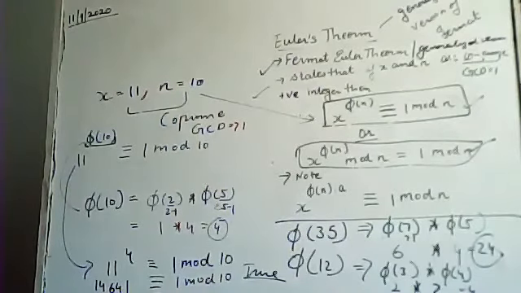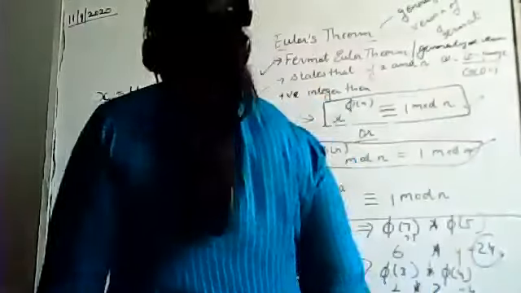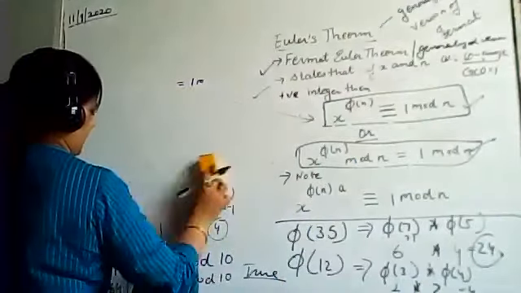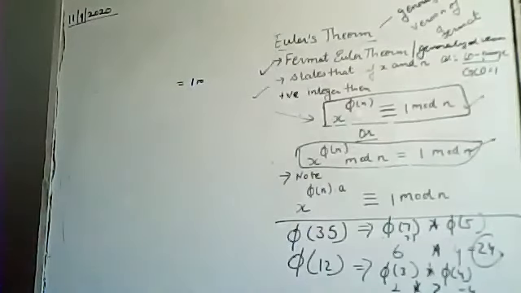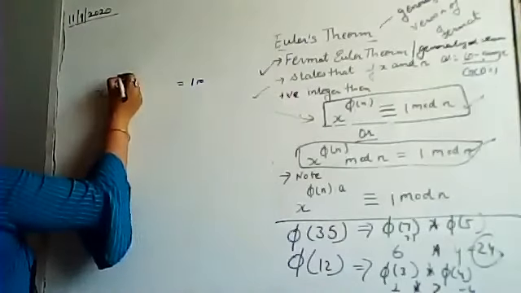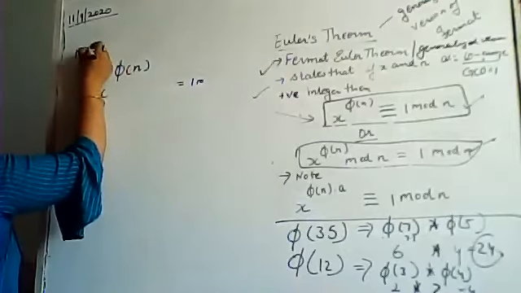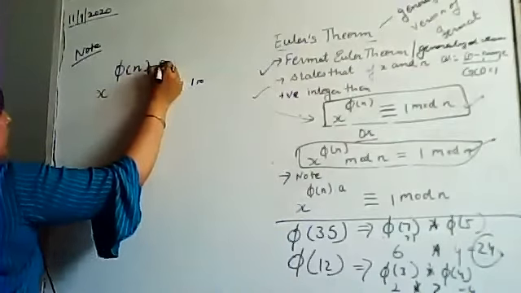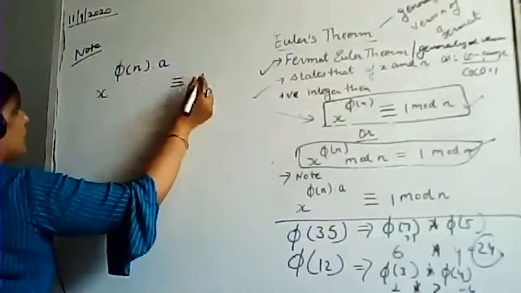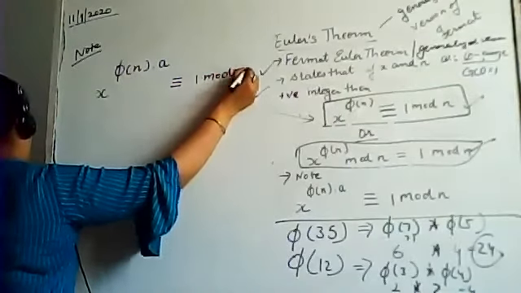Clear? Now there is another point that you need to note in this theorem. Let's suppose I am having x, phi n. This is the point that you must note regarding this Euler theorem: x raised to power phi n times a is congruent to 1 mod n.